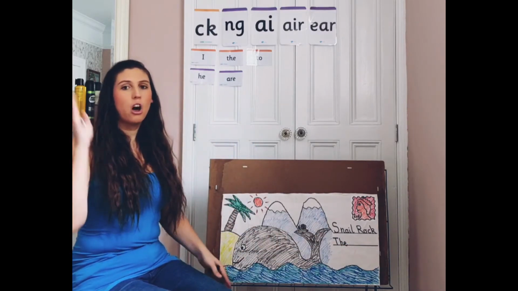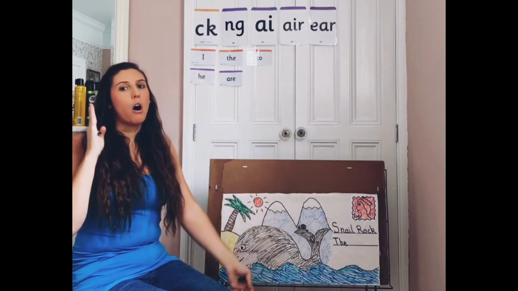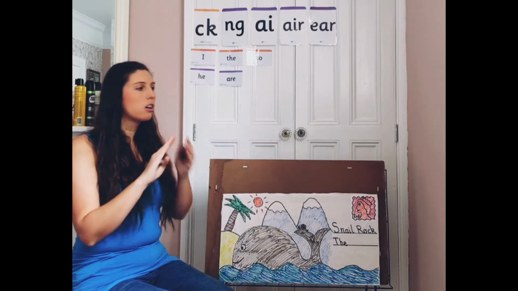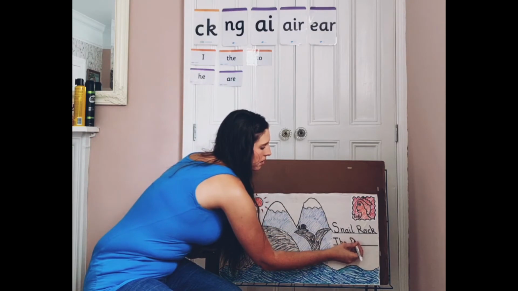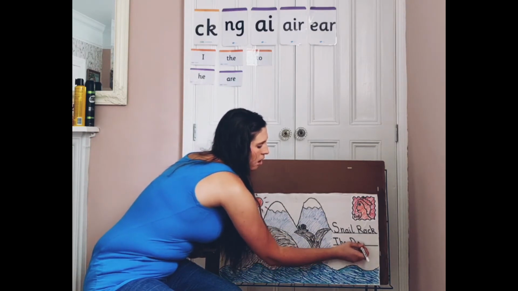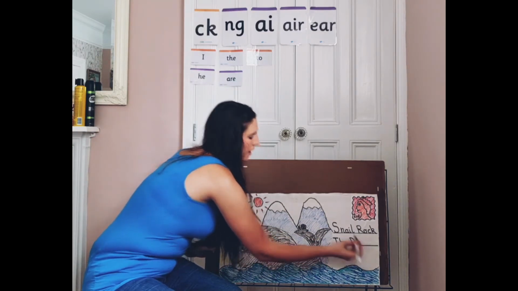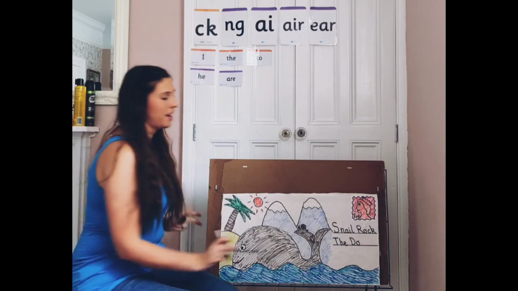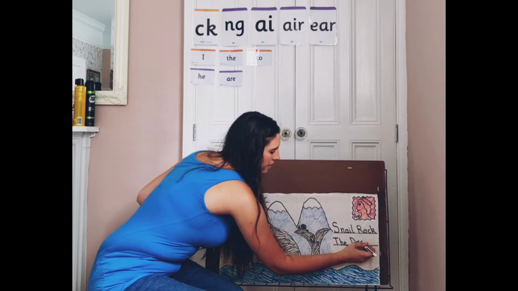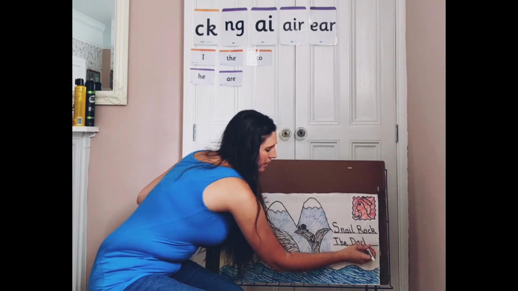Let's sound out dock. D, o, k, dock. Right, so again, capital D, and then O, and then for my k sound again, it's my digraph k. Okay, so it's curly k, then kicking k.